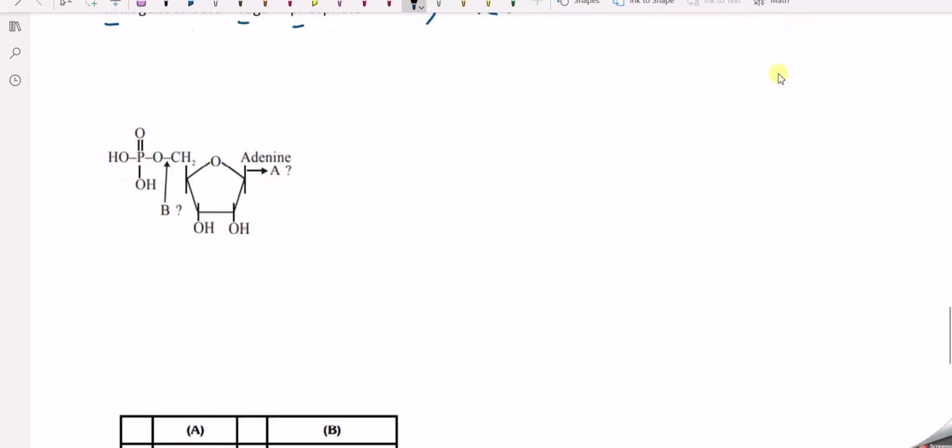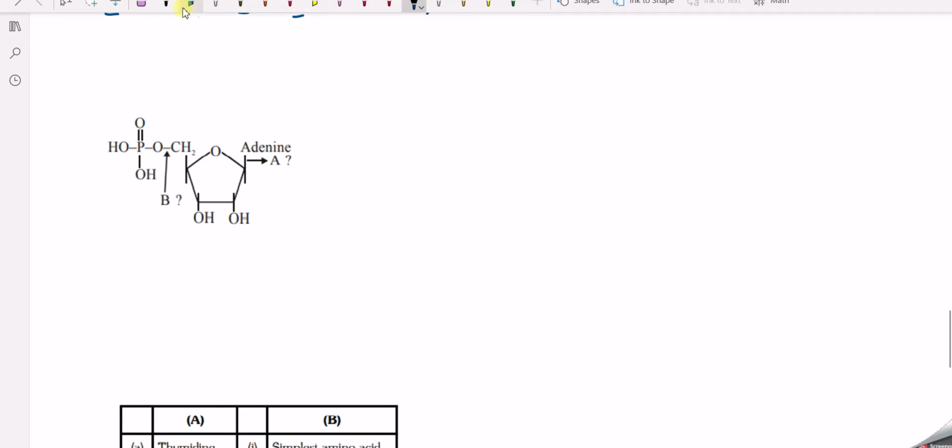Now the next question. Identify A and B. Two types of linkages or bonds are given here. What type of bond is A, between the pentose sugar and the nitrogenous base, that is adenine?